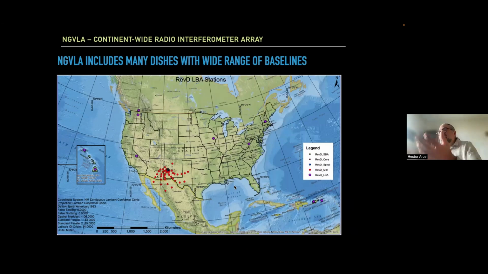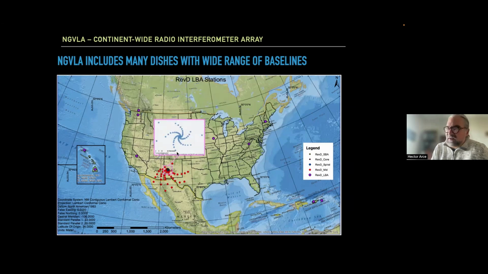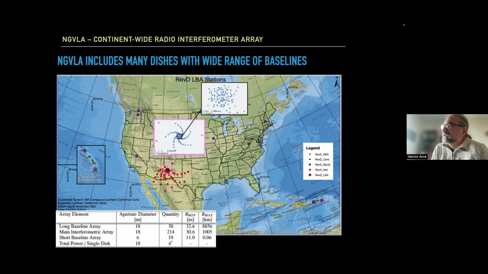And the NGVLA includes many dishes with a wide range of baselines. And here are the different positions of the dishes where there will be. Here's Texas, here's New Mexico, where the core of the array will be. And inside that spiral, there will be more antennas. So in total, there will be about 200-something antennas.